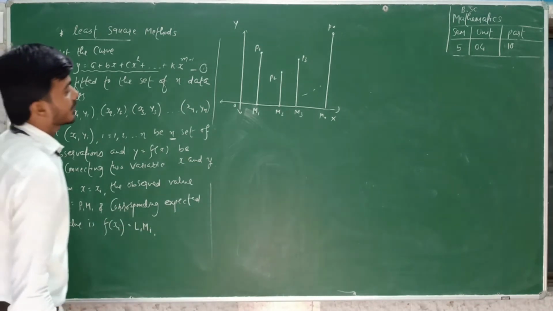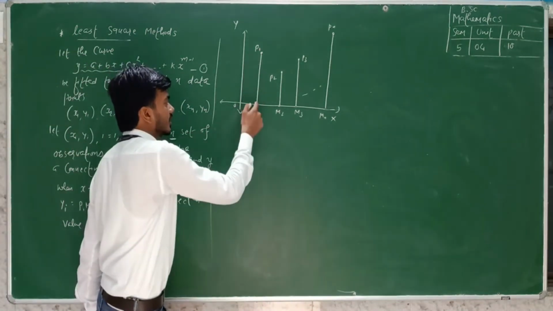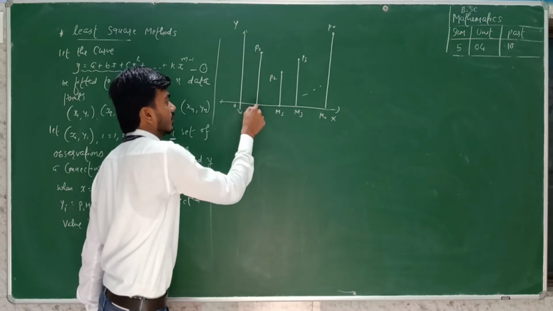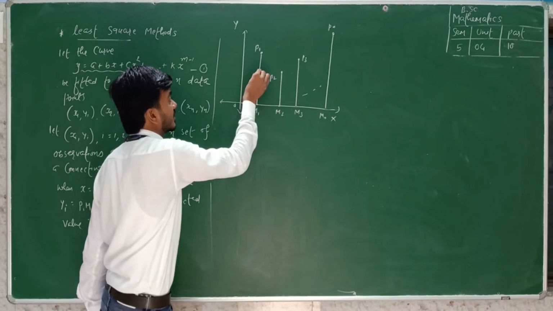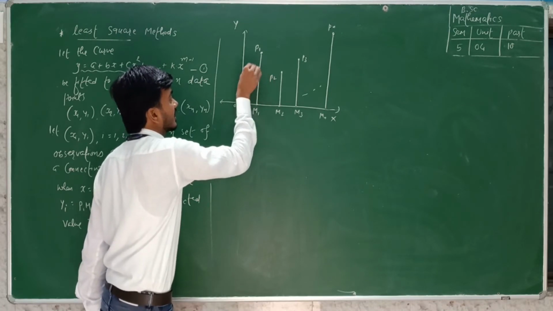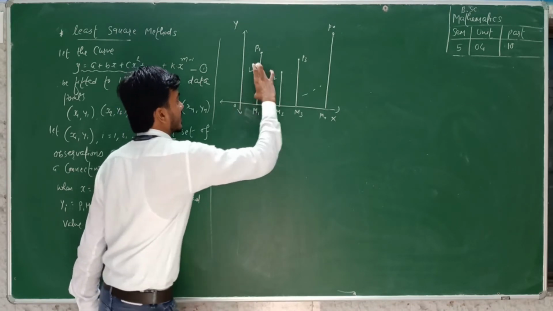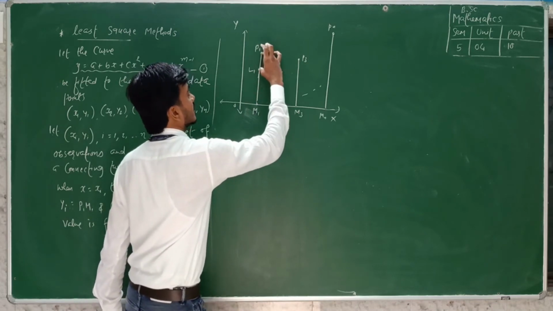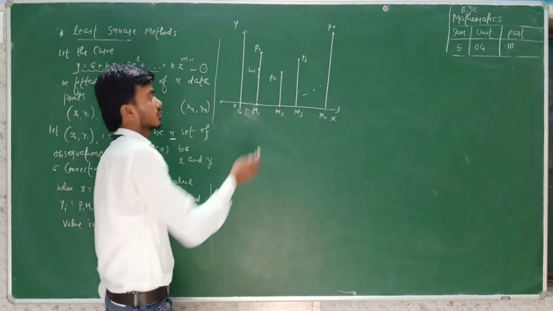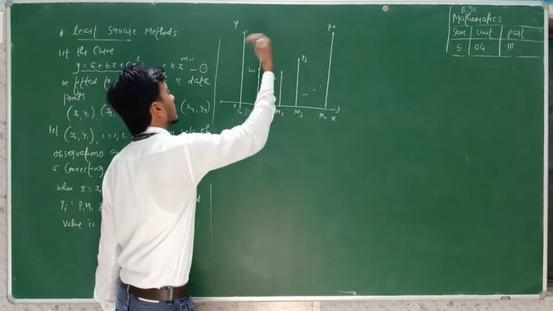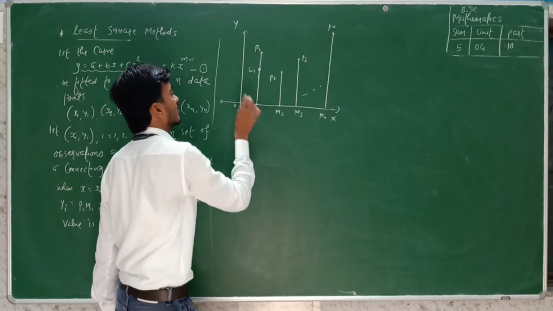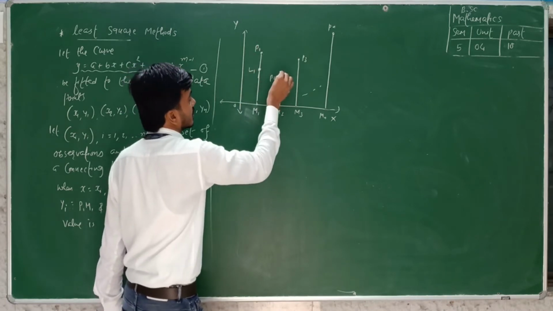So what is the expected value? Whenever we put x is equal to x1, this is the observation value. But the expected value, suppose here L1, is L1 M1. So P1 L1 is an error, because this part is added to L1 M1. So this is an error.